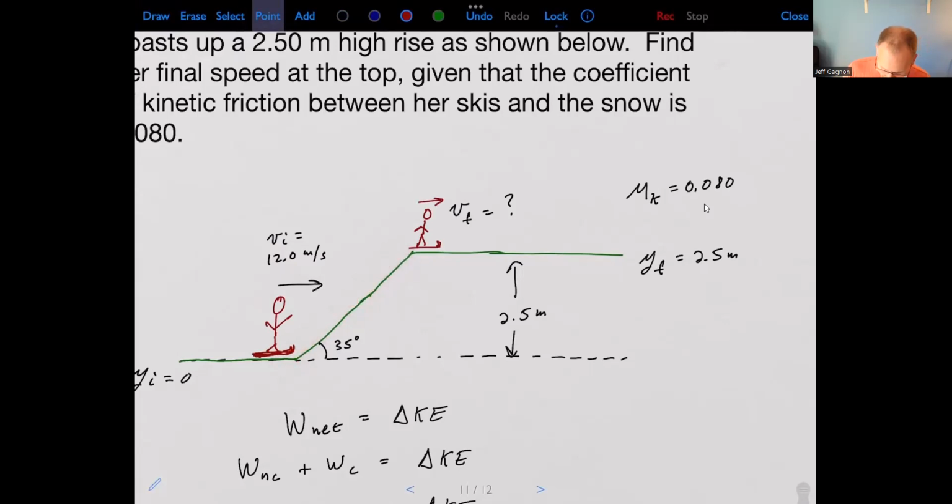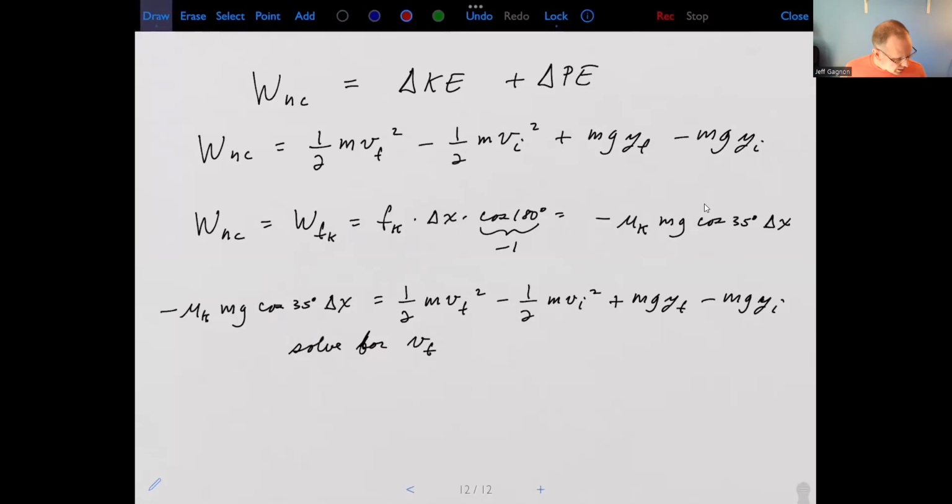First of all, because she's gaining potential, she's losing some kinetic energy. And also this frictional force is doing negative work on her, so she's losing energy there too. And we want to figure out her final velocity at the top here.